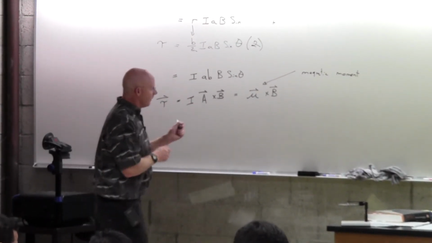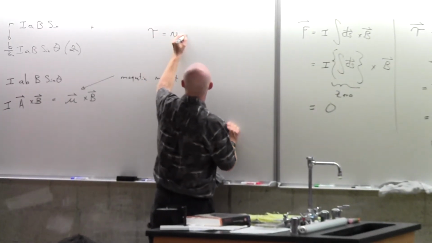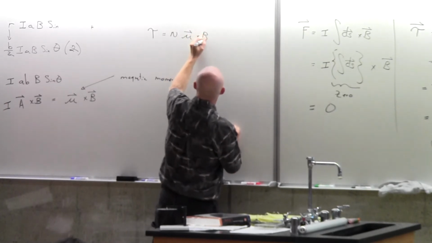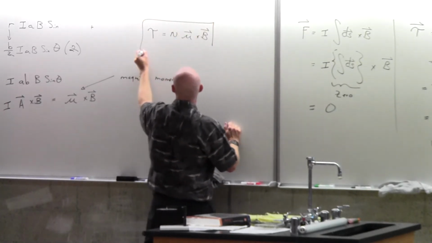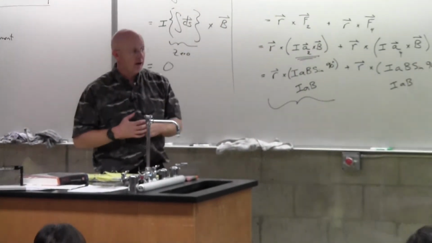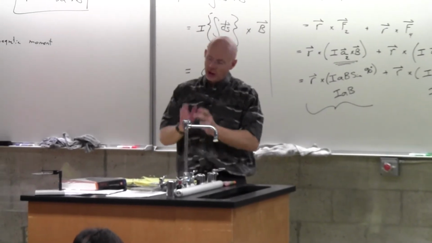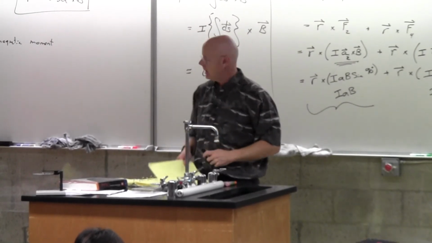Okay, so the one I want to put a little box around is this. As you get to doing the homework problems, you are going to ask, how much torque do you get on that little wire? Here's the idea: you're going to get the magnetic moment, you're going to get the direction of the field, and you take its cross product.